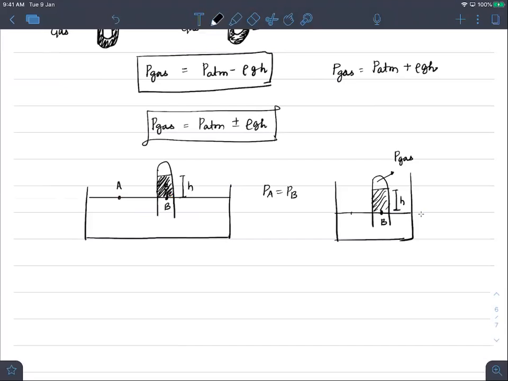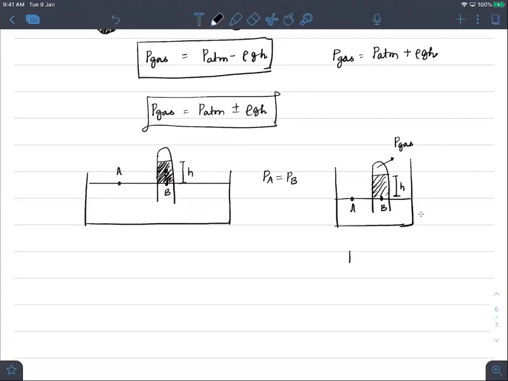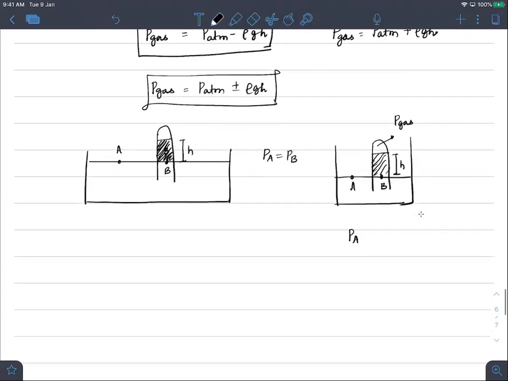This is the same point B and A. In this case, what would happen? Pressure acting at A will be equal to pressure acting at B, but this pressure at B is because of both rho gh and the pressure of gas.